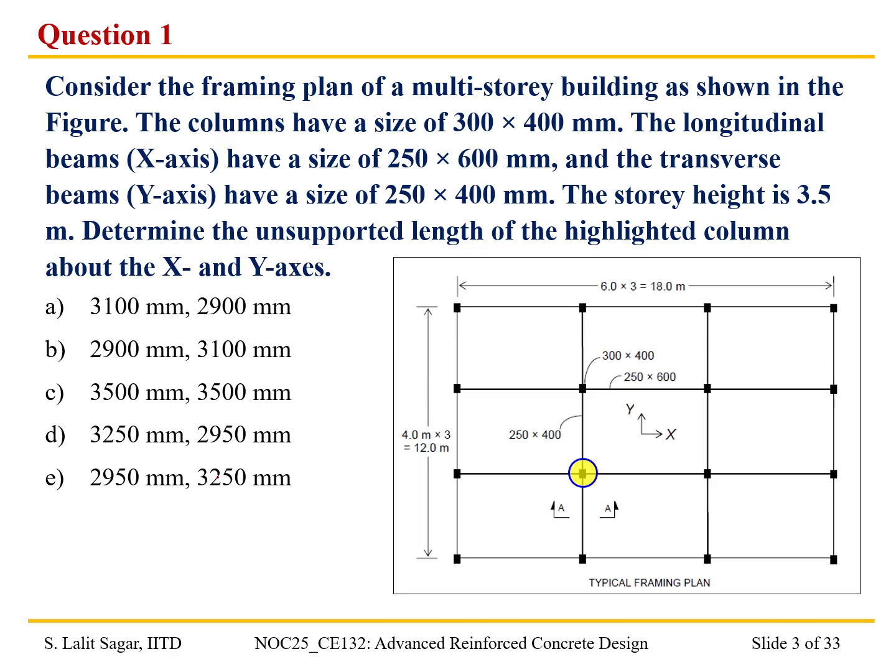Okay, so let us look at the solution now, right? So, as I already mentioned, let us solve the unsupported length about the x-axis. So, unsupported length about the x-axis means unsupported length along the y-axis.